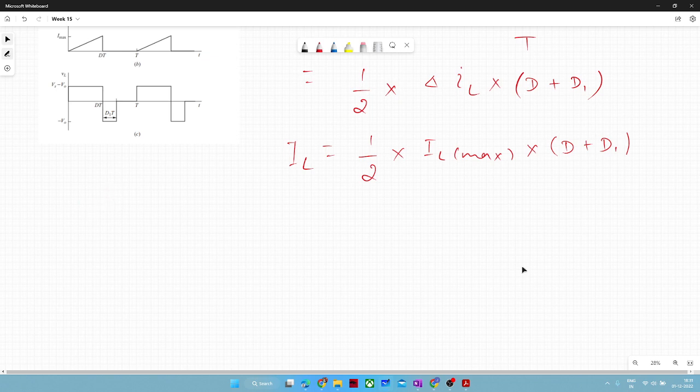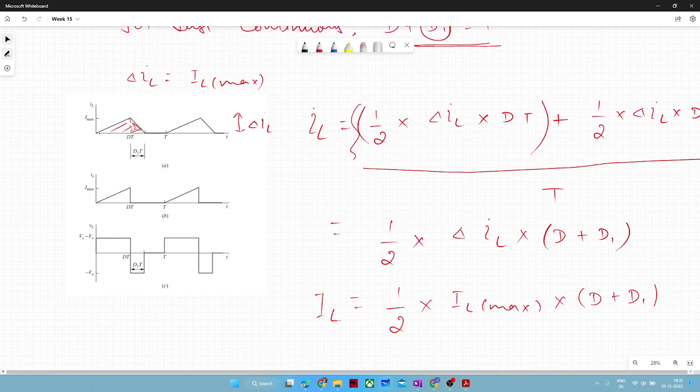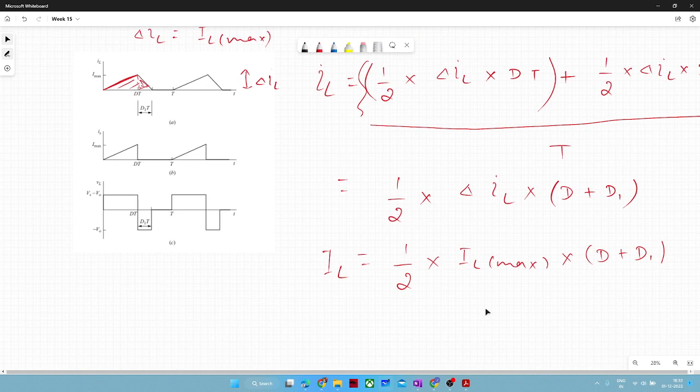And we know the slope of this inductor current. So we can write it half into I max. Here I max is nothing but the di by dt. If I write, it is nothing but the I max divided by dt.